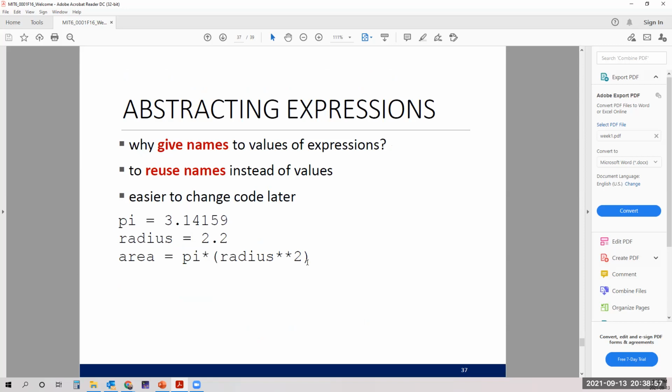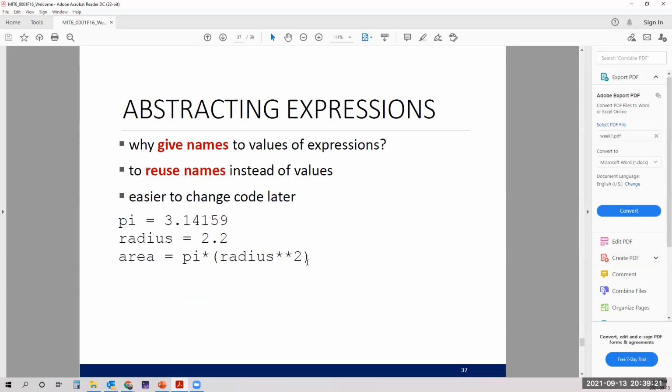Abstracting expressions. Why give names to values of expressions? The answer: to reuse them instead of values. I don't need to remember the value each time. I assign a value to the variable, and I can use that variable name anytime I need it. Easier to change code later.